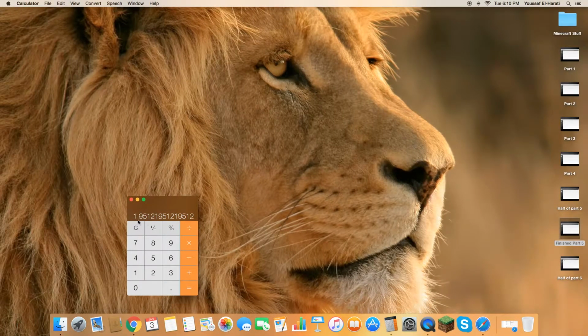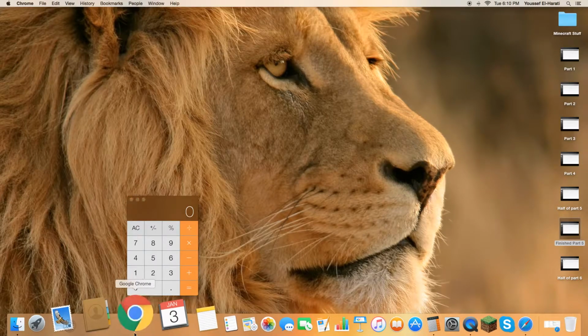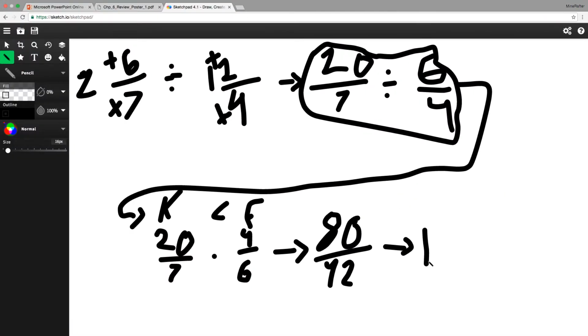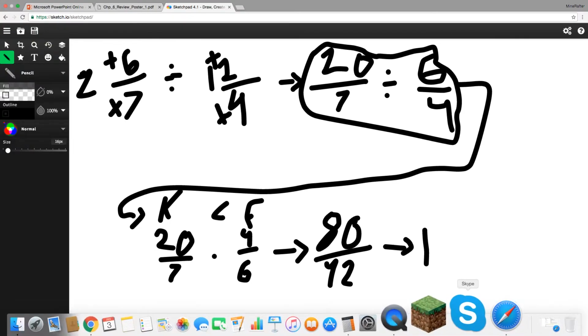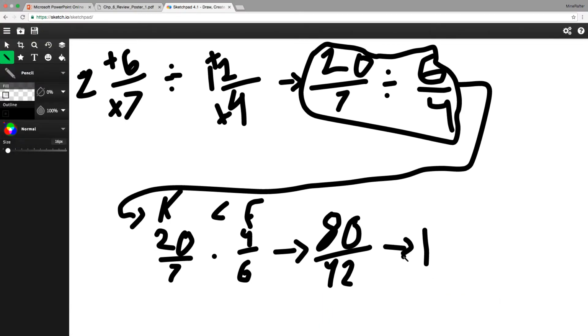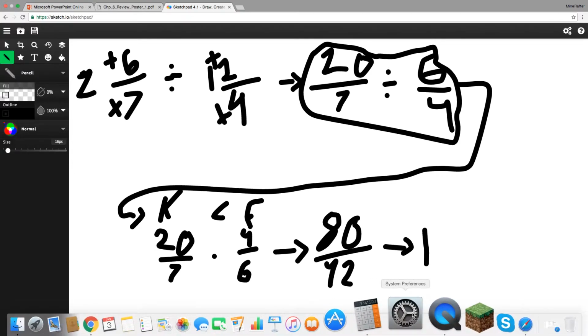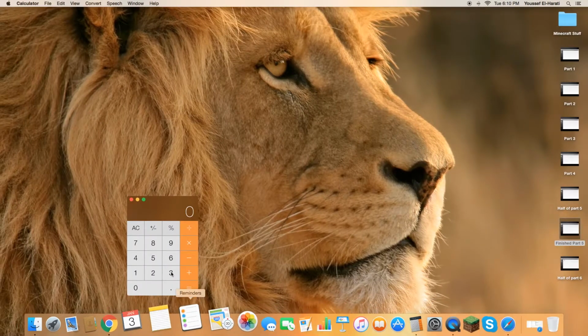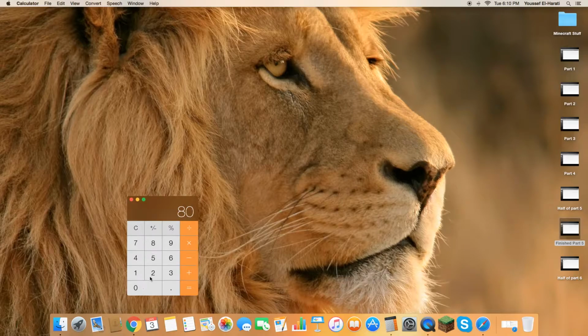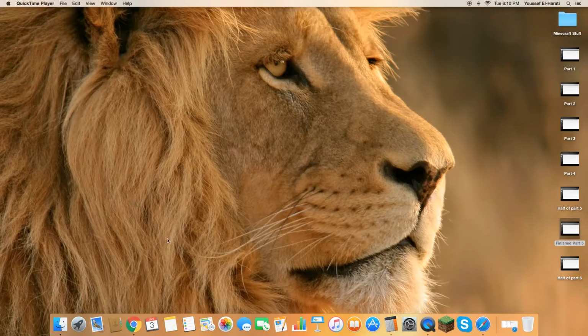So then we take the whole number right there, go back, and put the whole number in this. Then we do 42 times 1, which is 42. We multiply this and this, so we get 42, and then you do 80 minus 42, which is 38.